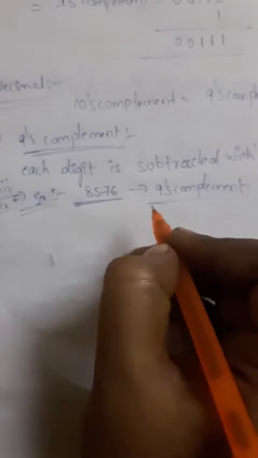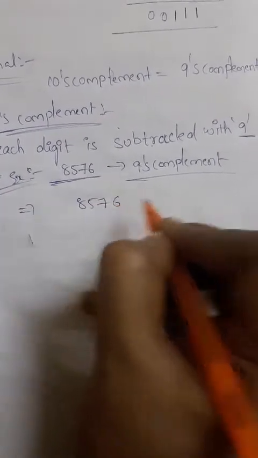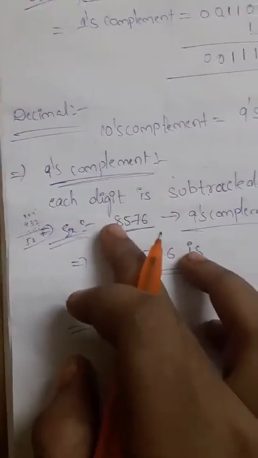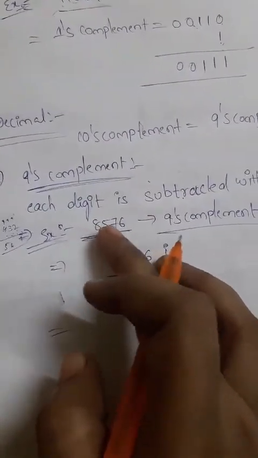The 9's complement of 8576 is nothing but every digit subtracted from 9. First count how many digits we have: 1 2 3 4.